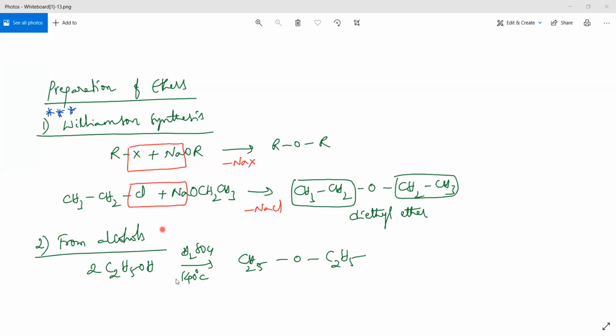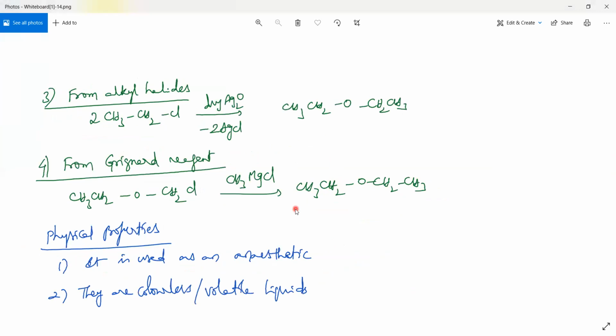Similarly, from alcohols: alcohols, when heated with a dehydrating agent like sulfuric acid, also give ether. This is ether, sir. Then from alkyl halides: when alkyl halides are treated with dry silver oxide, again you will get ether.